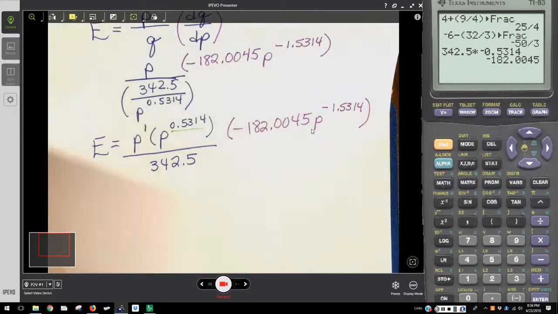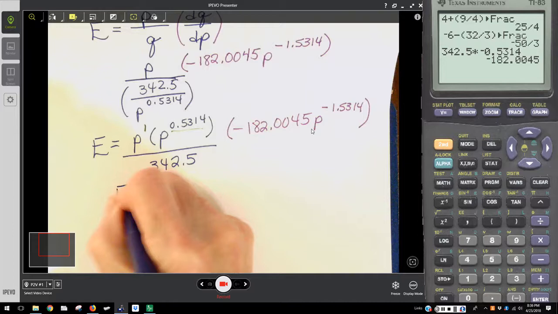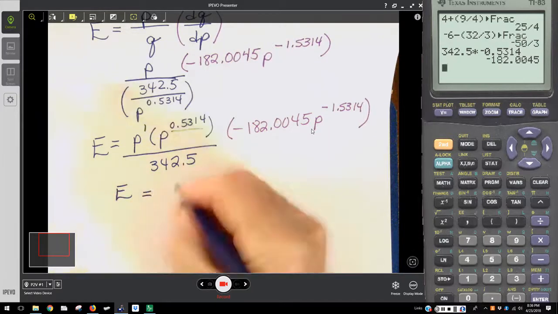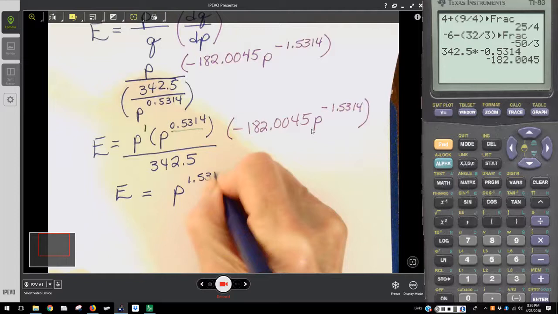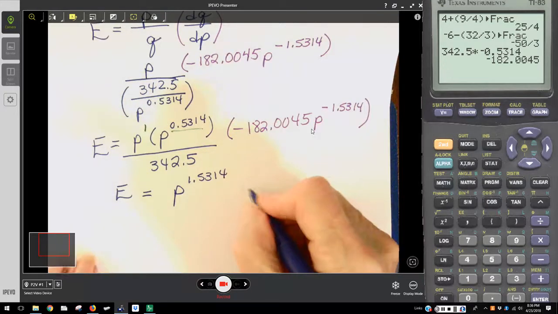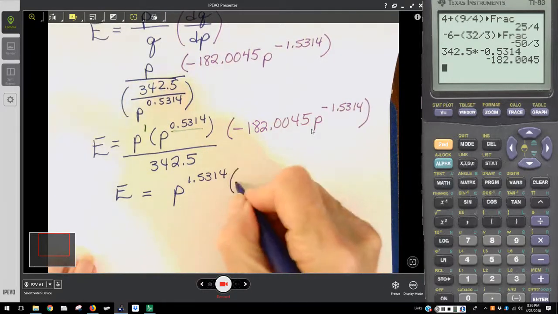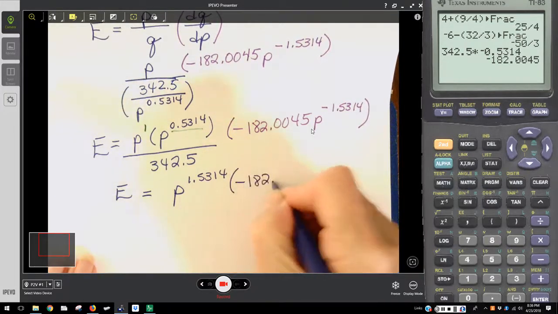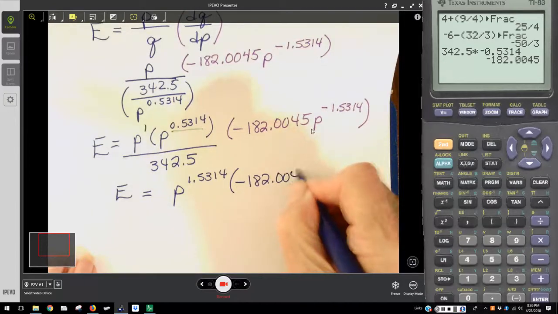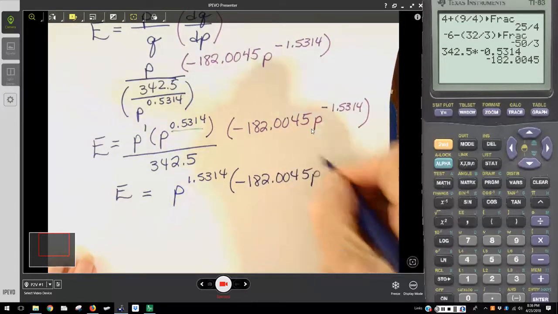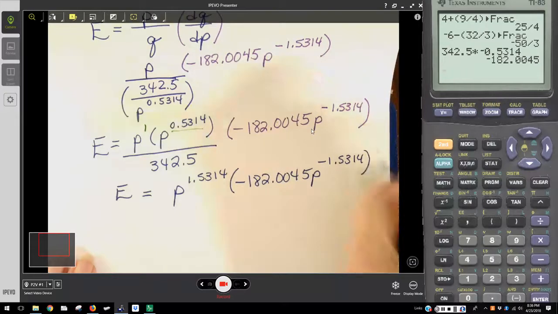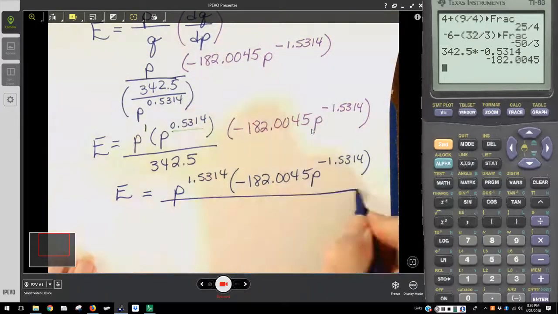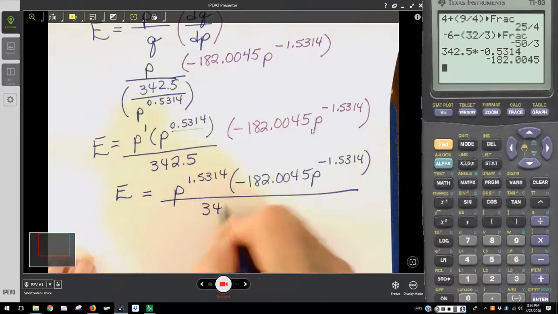So that means E is equal to P to the 1.5314 power times negative 182.0045 P to the negative 1.5314 power, all divided by 342.5.